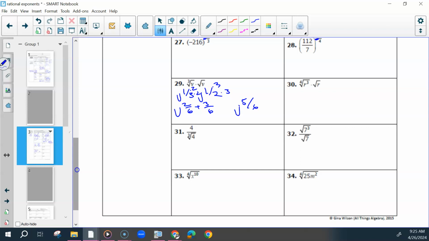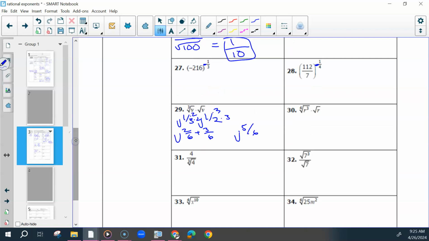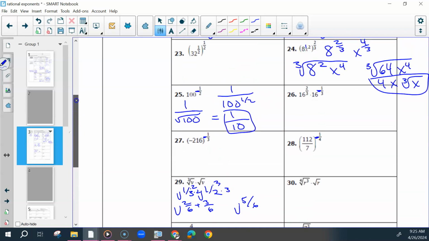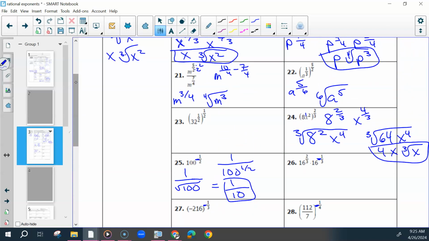Sandra, how would we write this in radical format? For this one? Let's look at some of our previous ones.